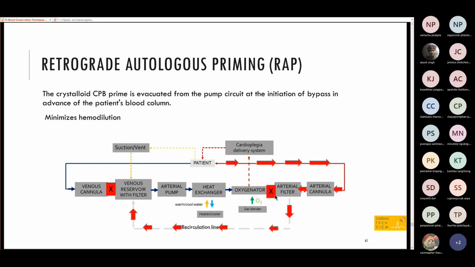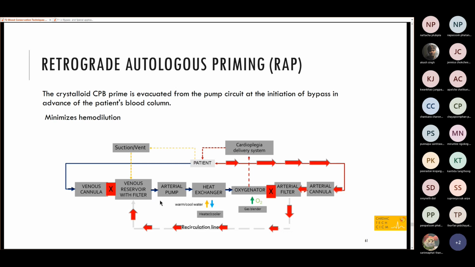If we just clamp here between the arterial filter and the venous line, and let the blood move out from the aorta through the arterial cannula to the arterial filter and back to the venous reservoir, it is slowly going to replace the whole priming solution, until we are happy with the retrograde blood moving back to the reservoir.